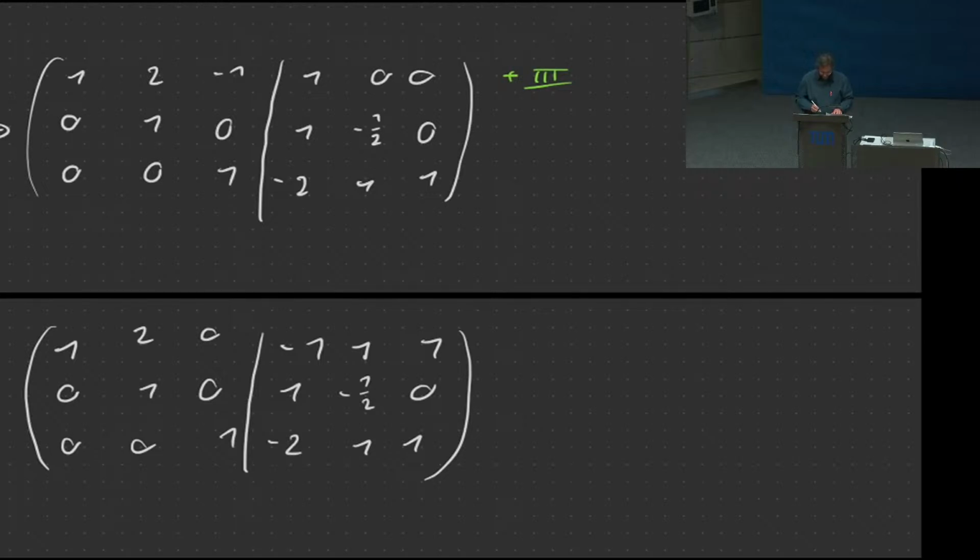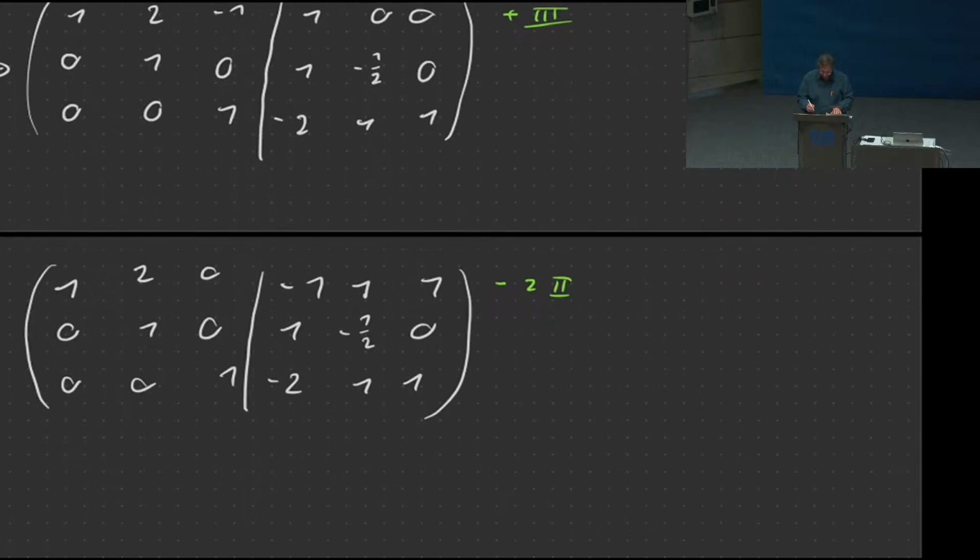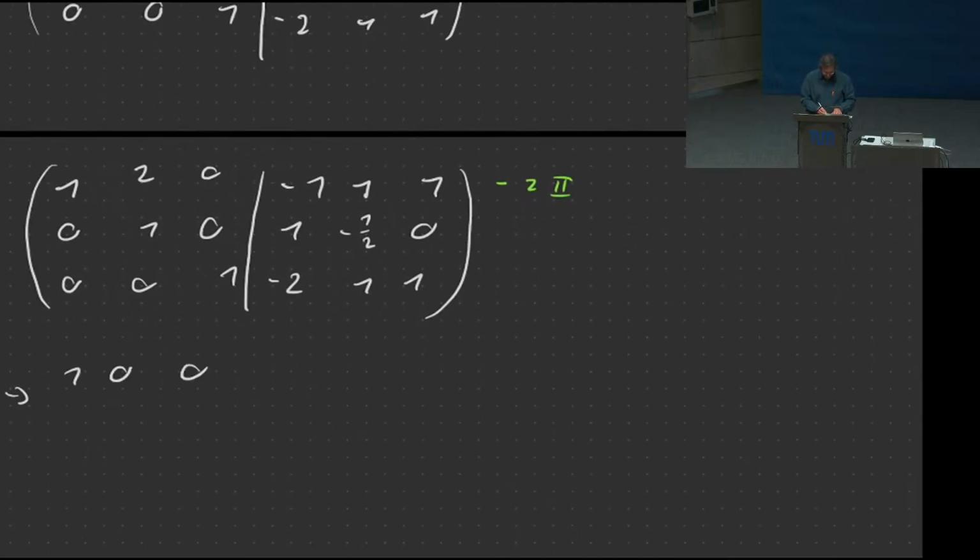And finally, we need to get rid of this +2 here. And we can do that by subtracting the second row twice from the first row. And hopefully that will yield the right result. So that will give a 1, 0, 0 here. I just copy all the rest here.